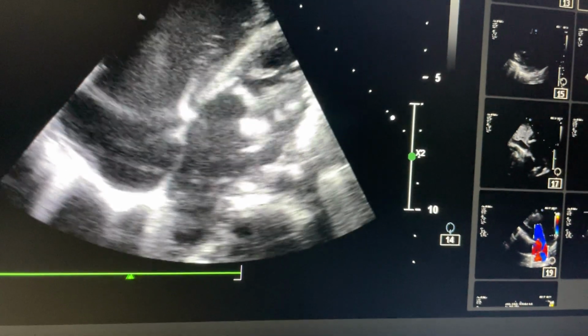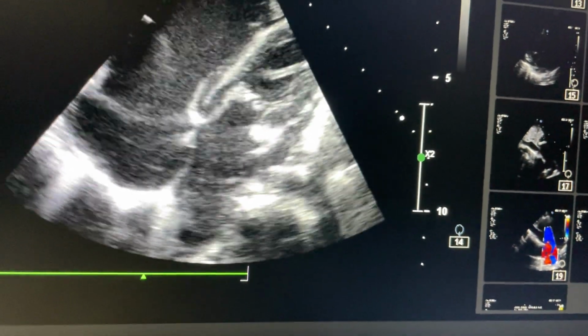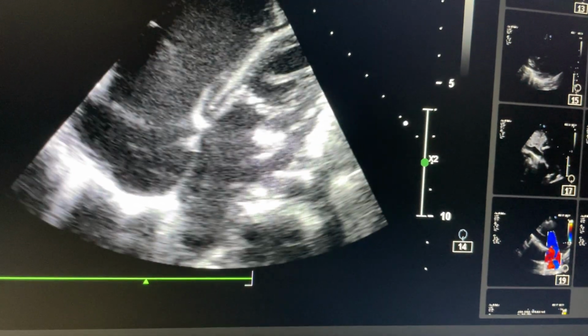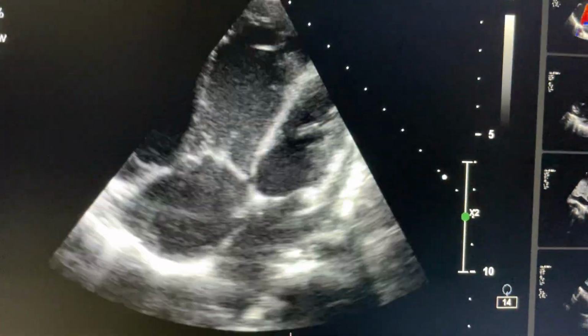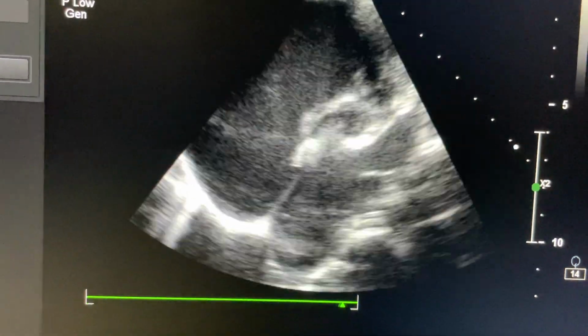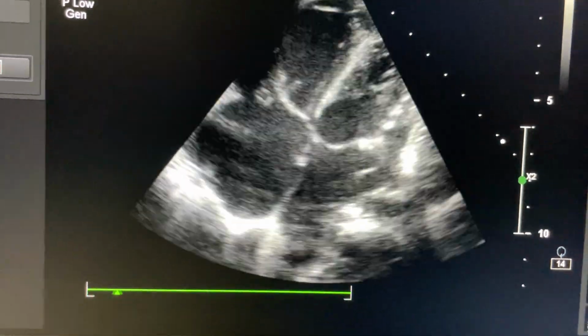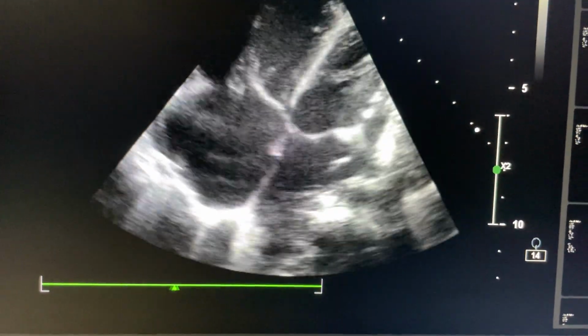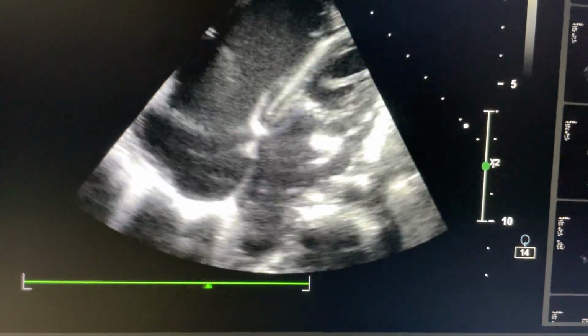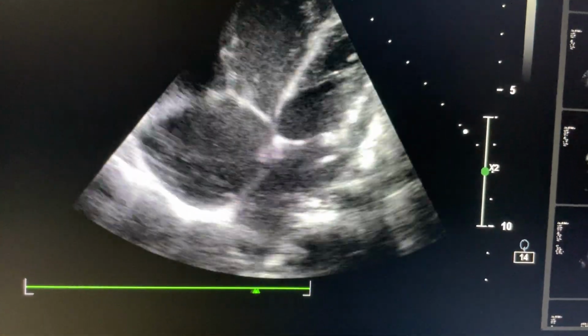That is why many people cannot find the ASD in this case, because ASD is usually not seen in the apical four chamber view. You can see the right atrium and right ventricle severely dilated, yet you cannot find any ASD. So the location of the ASD is seen in the subcostal window through the bicaval view. That is the best view, I think.